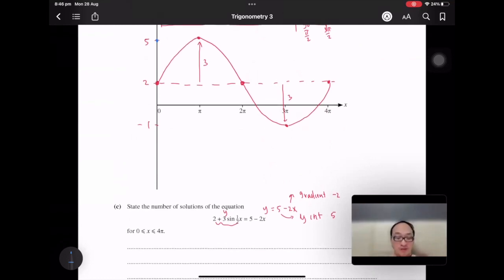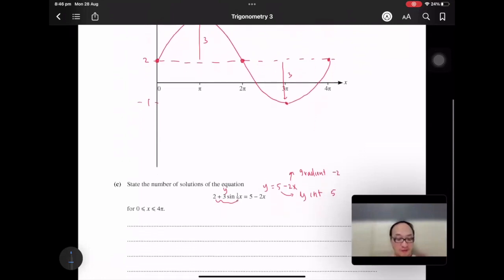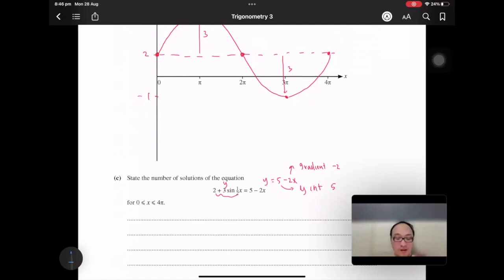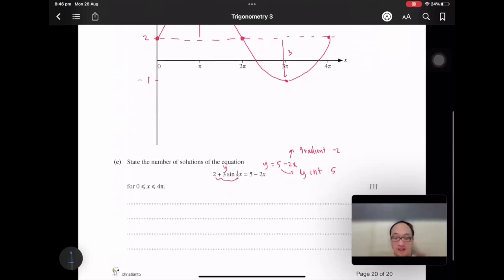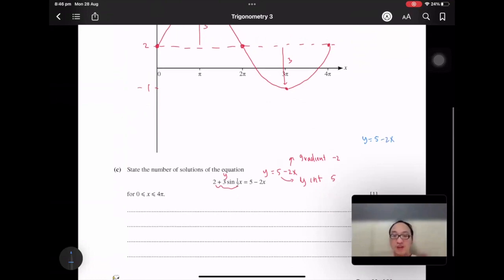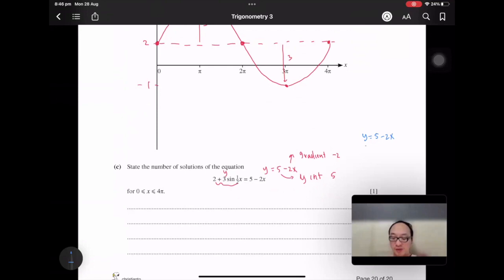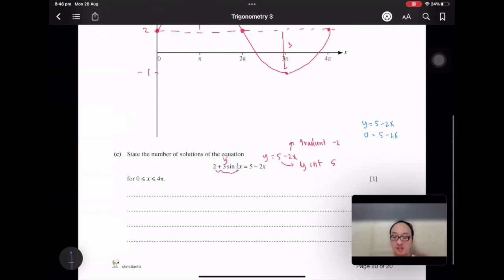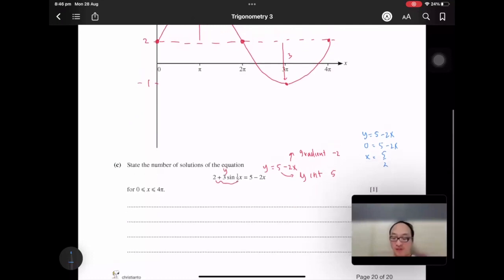If the gradient is negative 2, we have to find the x-intercept. So y equals 5 minus 2x. I can find the x-intercept by putting y as 0, so 0 equals 5 minus 2x, which means x equals 5 over 2, so 2.5.